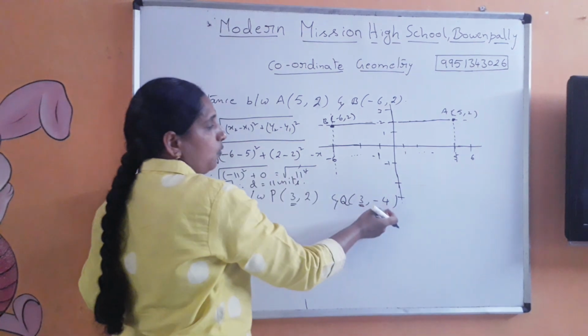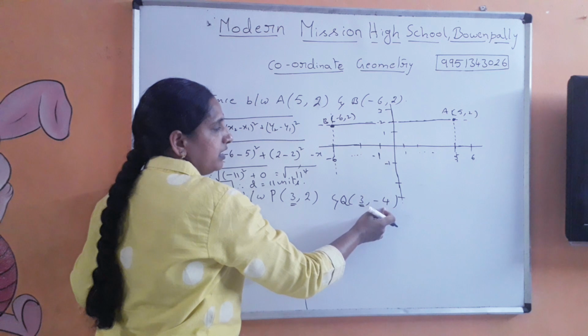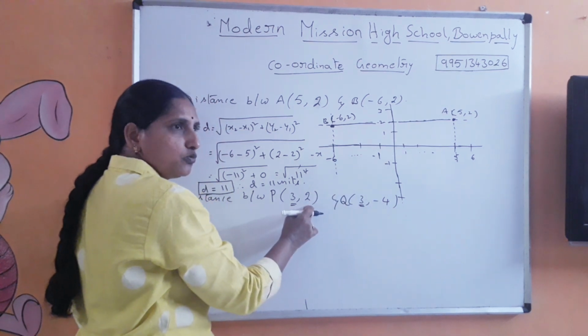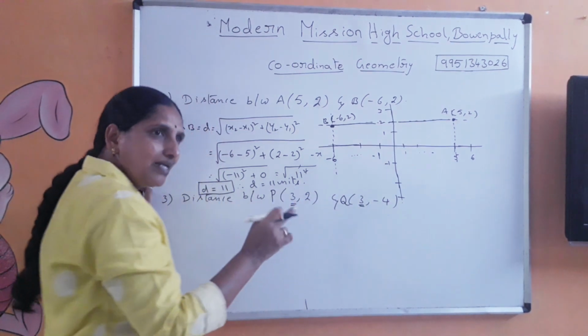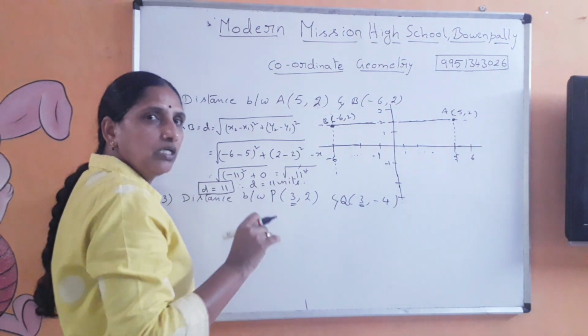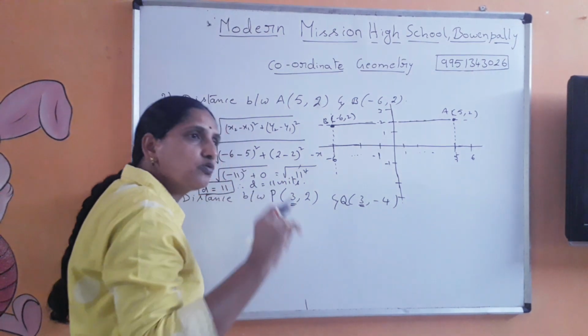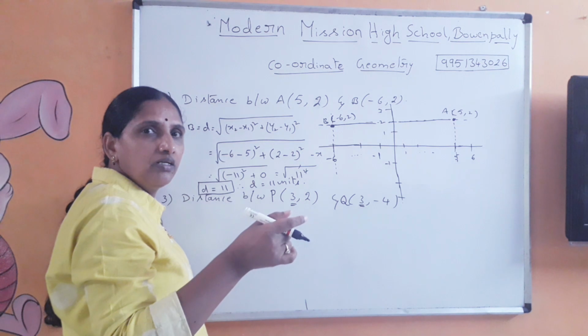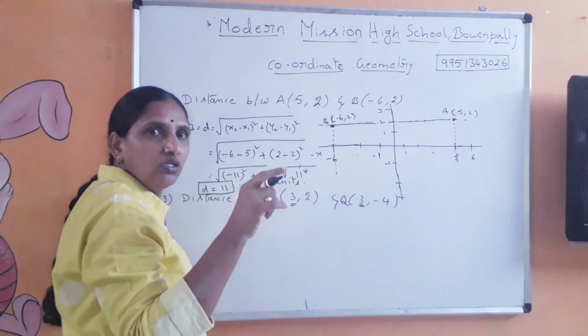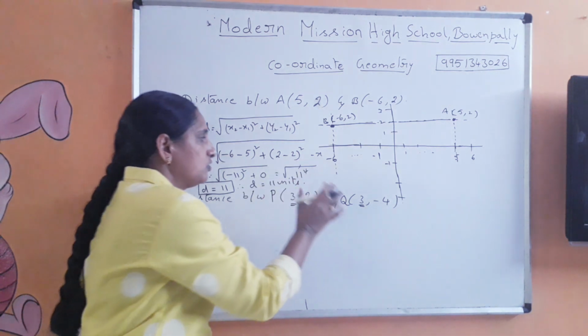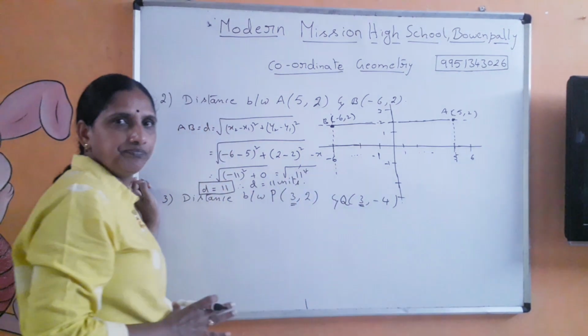What we are left with is y2 minus y1. y2 is minus 4, minus y1 is 2, so minus 4 minus 2 is minus 6, whole square, under root. Minus 6 whole square gives you 6 square. So 6 square under root, and the square and root will get cancelled. So your answer is going to be 6.